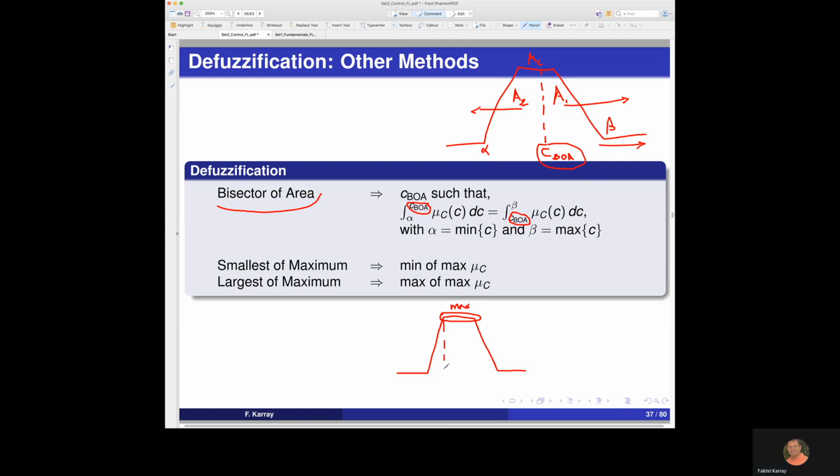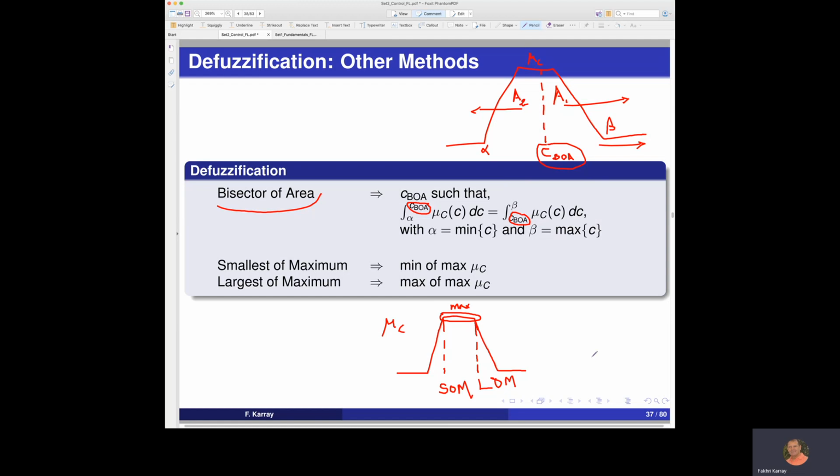So this value is known as the smallest of maximum, and this particular value here is known as the largest of maximum. It is the coordinate at which the membership function has its maximum value. So you have a membership function here, this is mu C, and its smallest value for the maximum is known as the smallest of maximum.